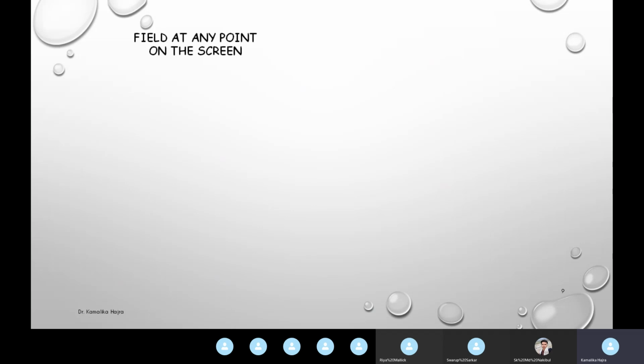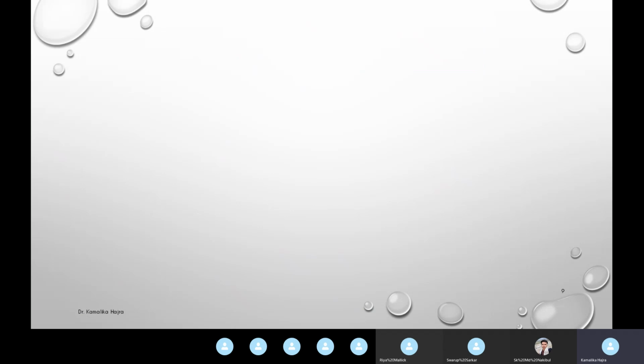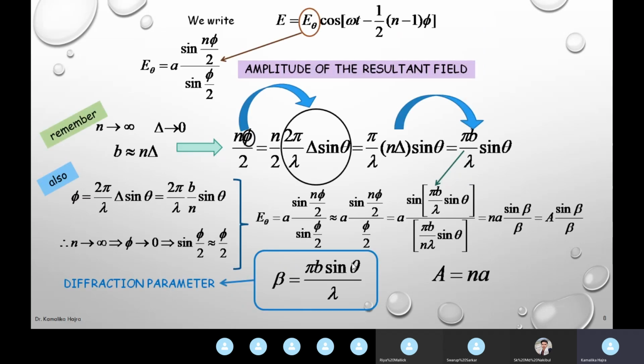So now we are at a position to finally say what the expression of the field will be at any point P on the screen, and it is given by A sine beta by beta cos omega t minus beta. Alright, this beta is the diffraction parameter given by pi b by lambda sine theta. So once again, I'll go back to the expression of beta. Pi b by lambda sine theta. So you can see that pi, b and lambda are all constants for a given setup.